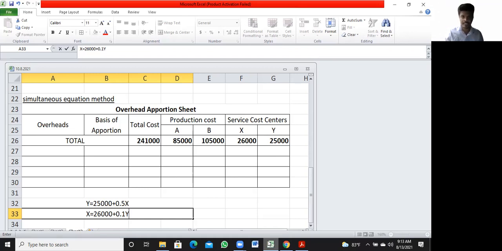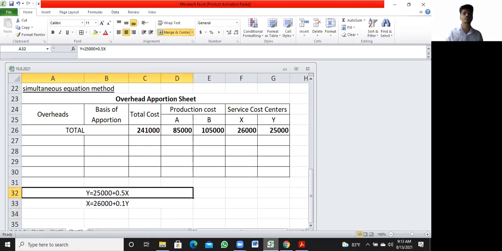Now we have two equations. Now what we need to do, this is a set of simultaneous equations.